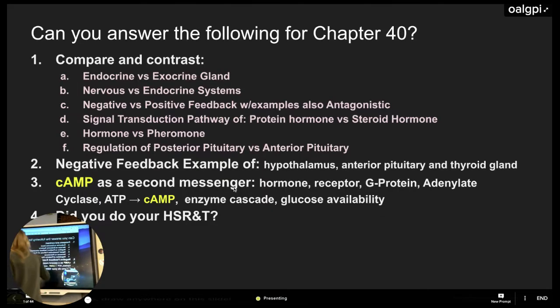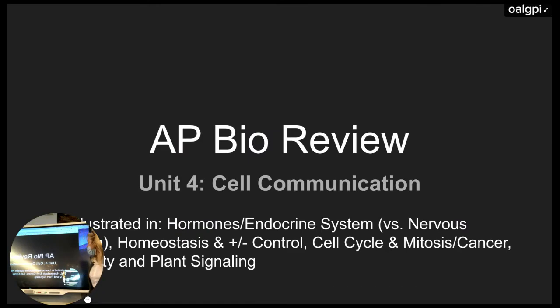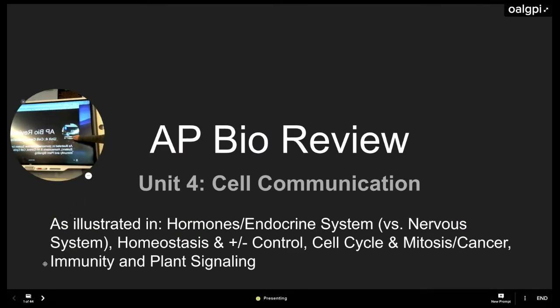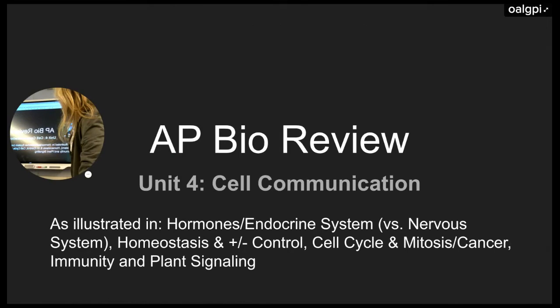All the other things that we discuss in here, when we were using hormones in the endocrine system and homeostasis and feedback control, all of that, immunity and plant signaling, we're using those as illustrative examples of cell communication.